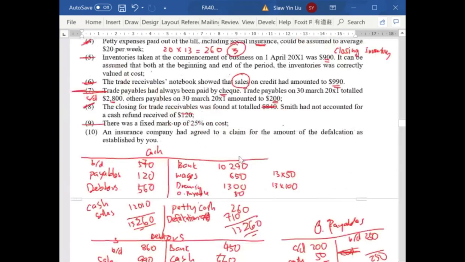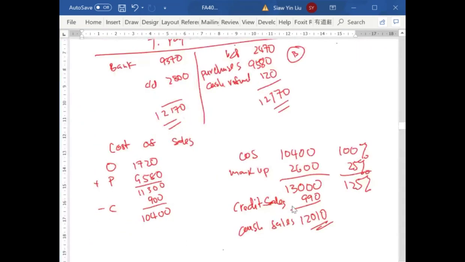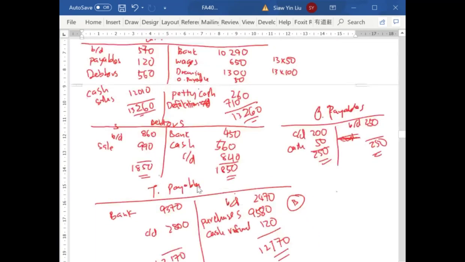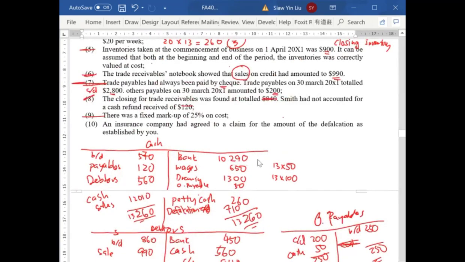Cost of sales we already calculated. Total sales is 13,000. Then minus your cost of sales, you get your gross profit. Then minus these three expenses, you get your net profit. From there, you prepare your financial position.